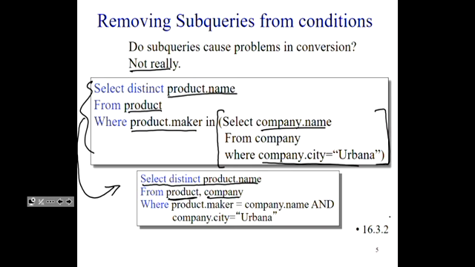And since I wanted product.maker to be among the set of companies, I will instead have product.maker equal to company.name. And since I had a where clause here, company.city is Urbana, I'm going to add that as another clause of this where expression. And therefore, I can basically take this subquery and entirely eliminate it and get a select from where expression, and I'm done.